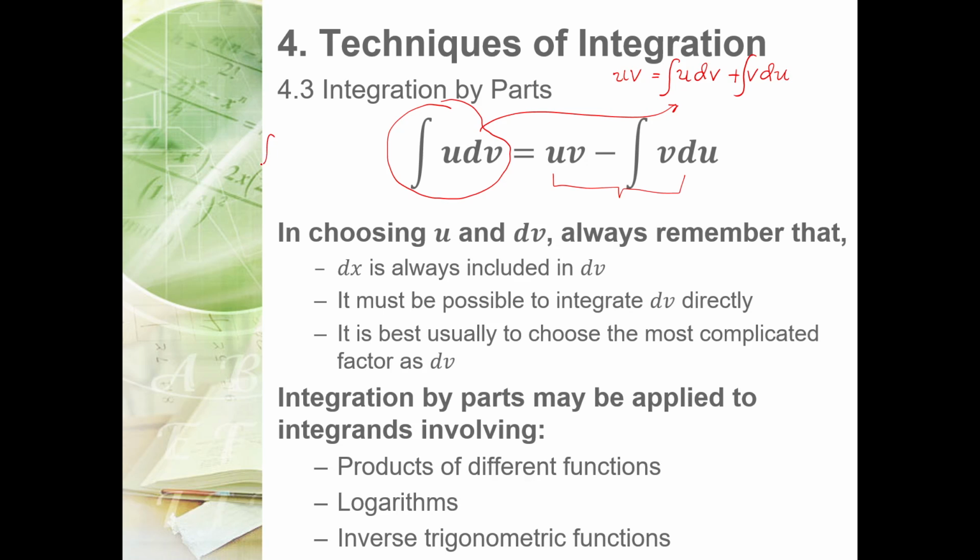So the integral of cosine theta is equal to sine theta plus c. The integral of cosine theta is this portion, and the answer for that integral is this one. It's a formula that serves as the basis.